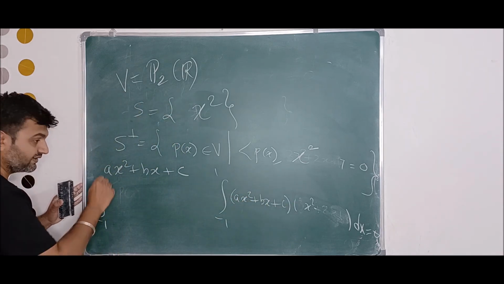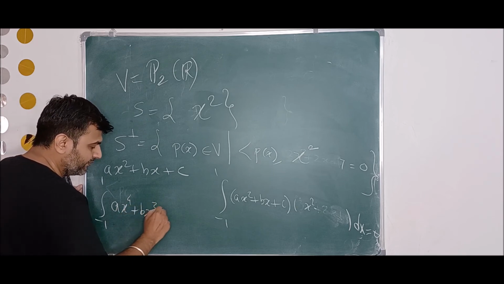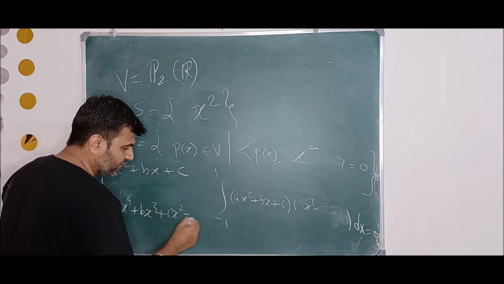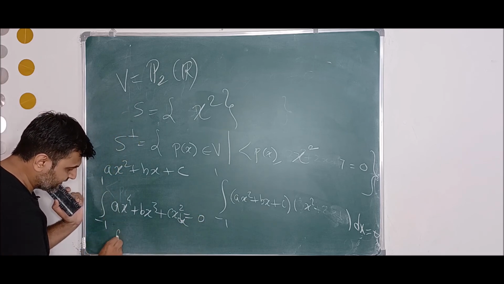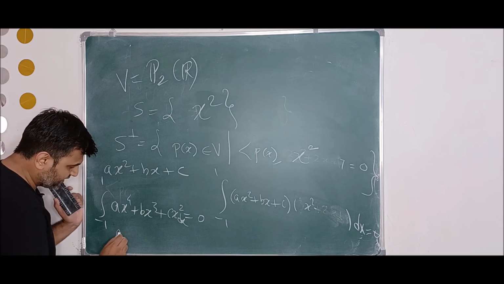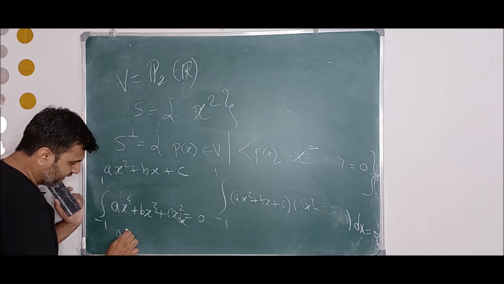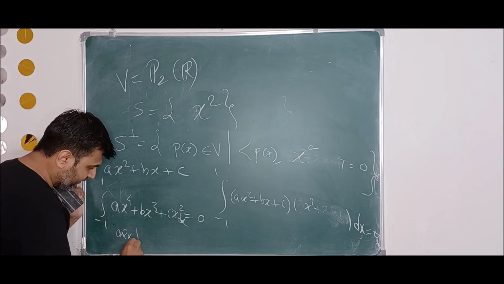What will this be? Integral from minus 1 to 1 of ax raised to 4 plus bx cube plus cx square dx equal to 0. What is this? This is a x raised to 5, so this is nothing but a times 2 times the integral from 0 to 1, so this is 1 by 5.